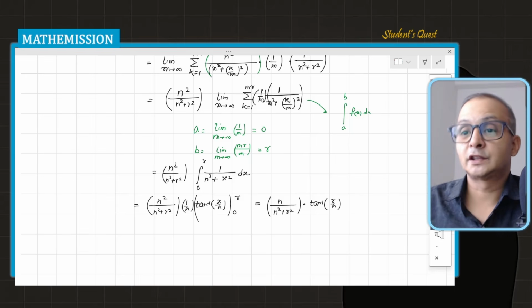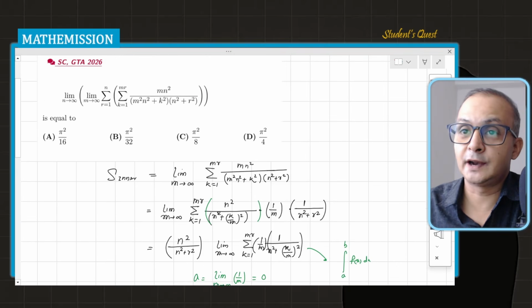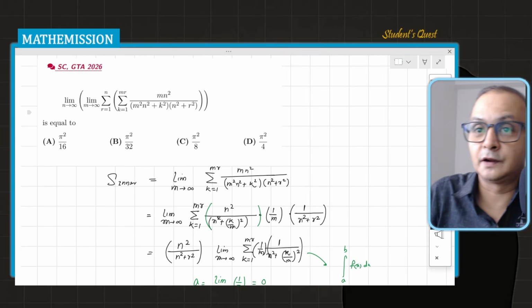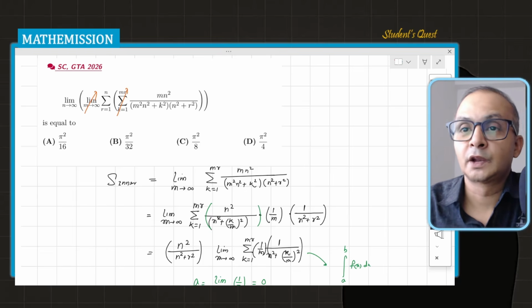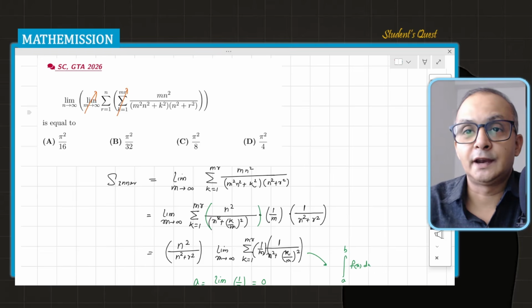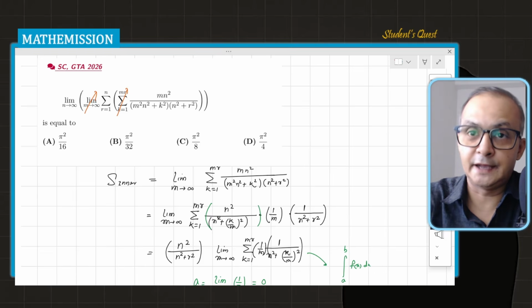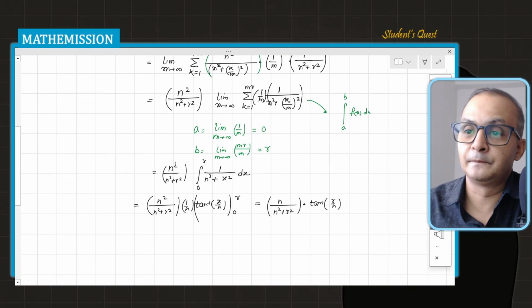So this we got the inner sum. Now we are left with, what we have covered is that this sum is already covered and this limit is already covered. So we are left with the limit n approaches infinity and summation r goes from 1 to n.